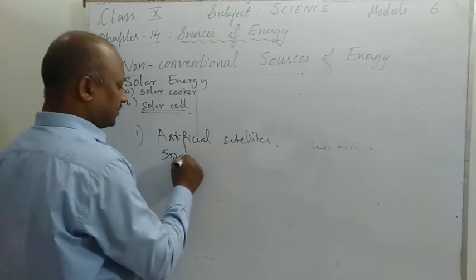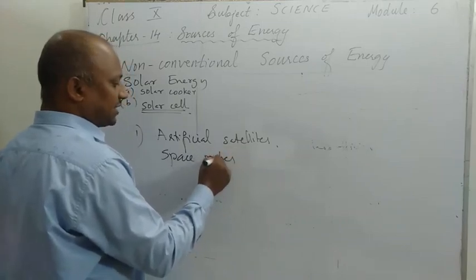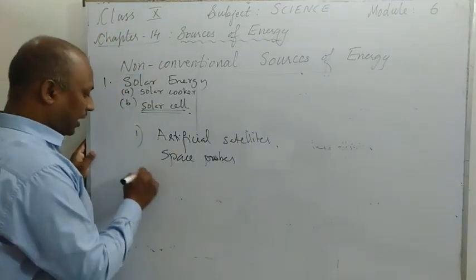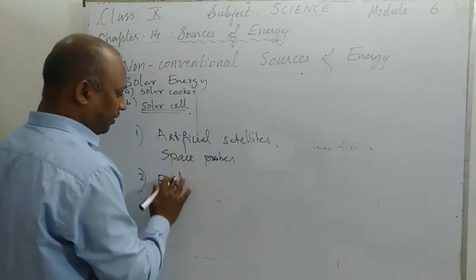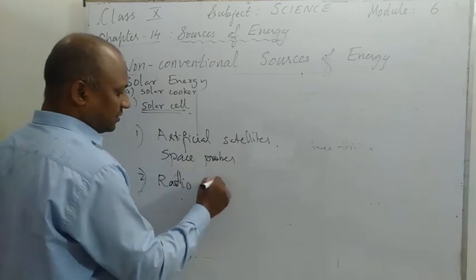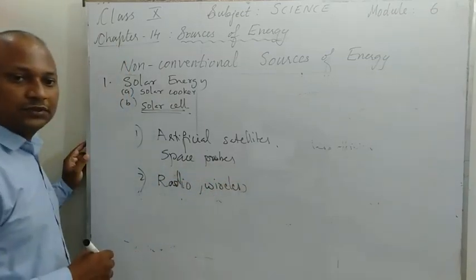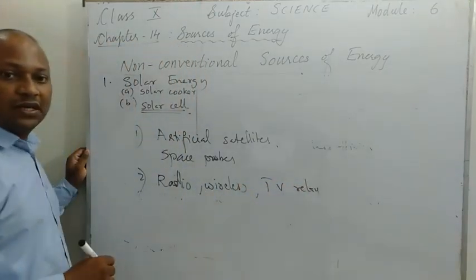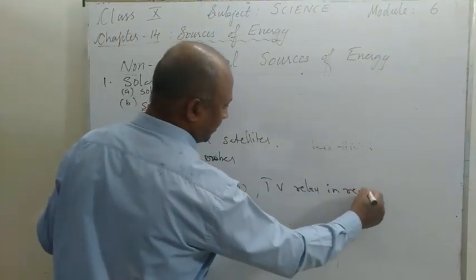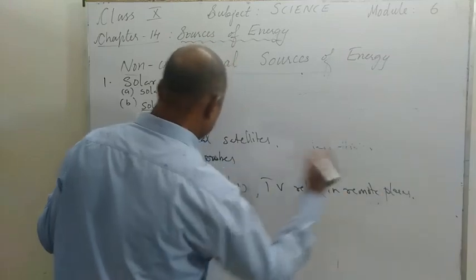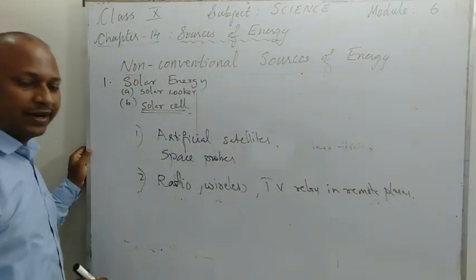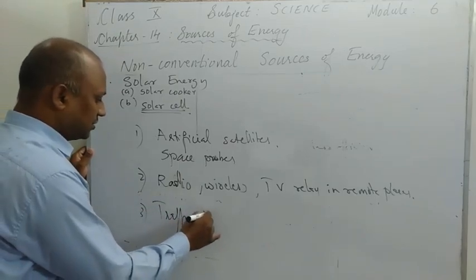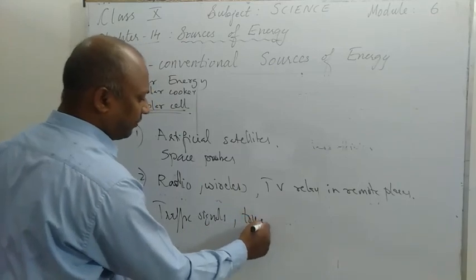Space probes and many scientific researches use it, and then radio, wireless communication, and TV relay systems in remote places, because in remote places you don't have proper electricity, so we can generate electricity from the solar cell. And traffic signals, toys, and many other things.